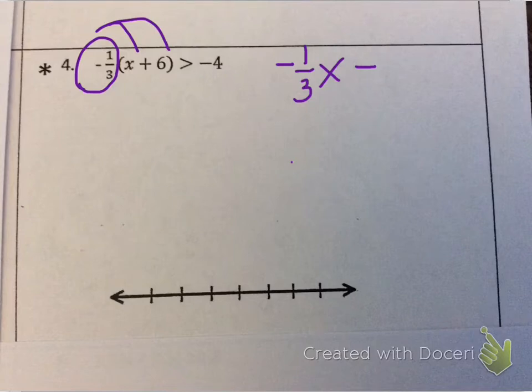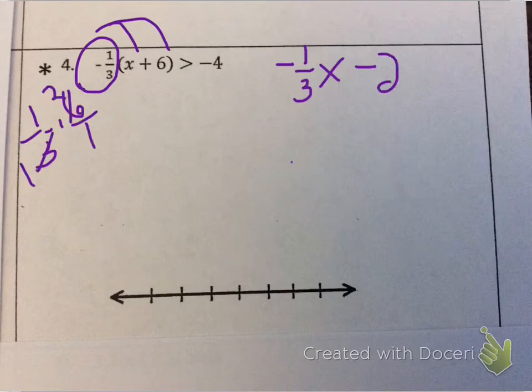If you wanted to do the math over here, or if you could do it in your head, just be careful. Then we bring down our greater than symbol and negative 4. So we have negative 1/3 x minus 2 is greater than negative 4 once you get that distributing out of the way.